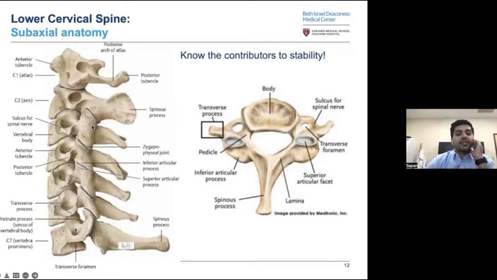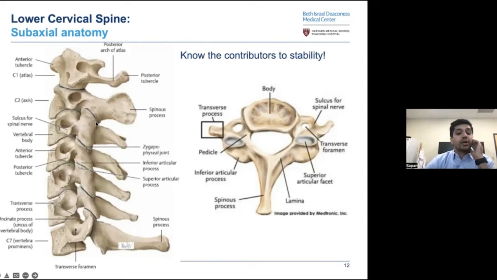If you look over here on the sagittal, the important articulations are this uncovertebral joint. You can see this dome-shaped joint that happens right here, which is the lateral aspect of the vertebral body. Then the facet joints: this is C3.